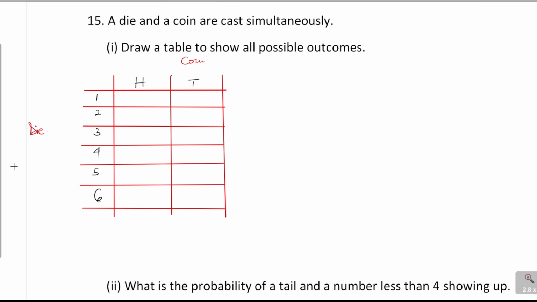Then for the die, the die is on this side. The die has 6 faces. These are the numbers on each of the faces, from number 1 to number 6. Then the coin has a head and a tail.